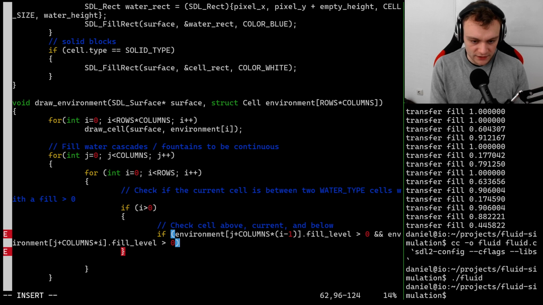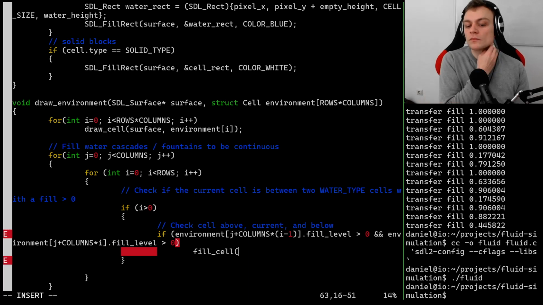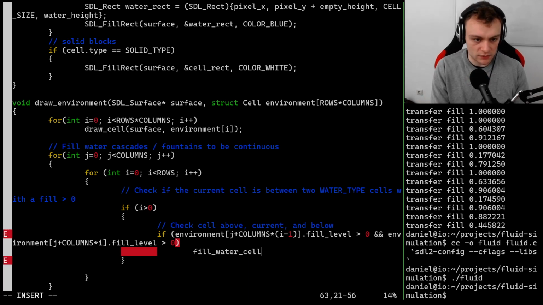If that is the case, then fill cell and we pass the current cell. Fill water cell. Maybe we can use draw cell, but with an extra parameter.